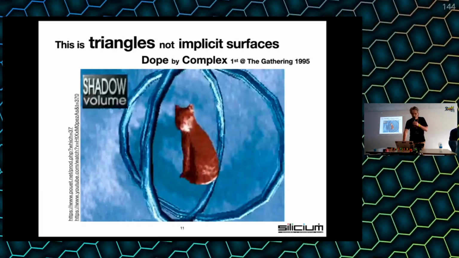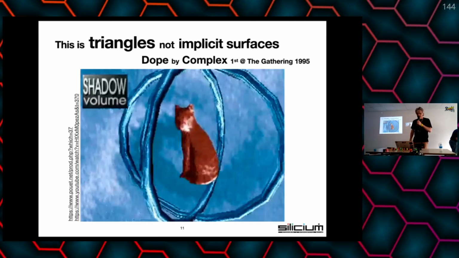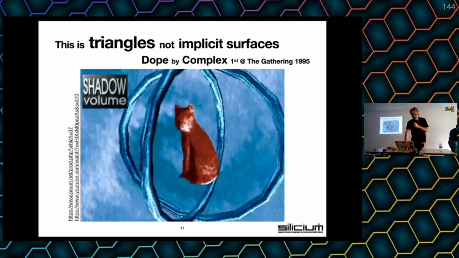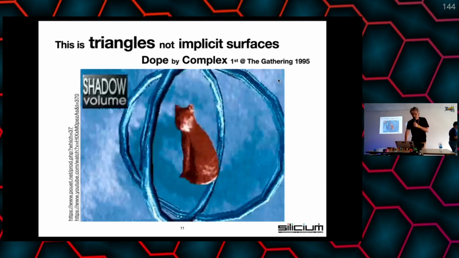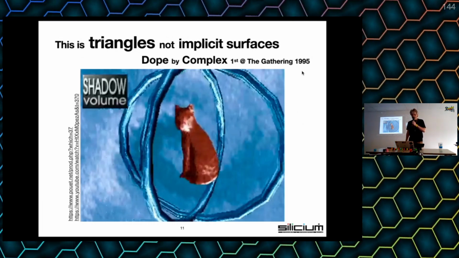So before we move to the actual algorithm for this, let's see intermediate cases that are actually not implicit functions, even though they look a bit like it. So this is again before GPUs. Dope by Complex in 1995.